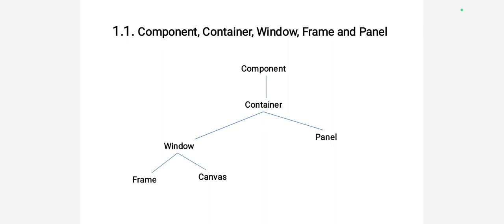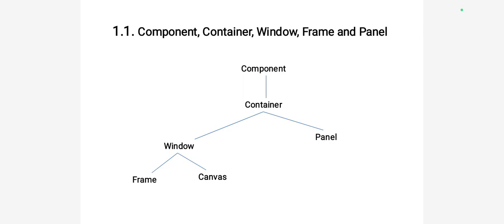The first point is component, container, window, frame and panel. Here also we can see the hierarchical structure of the component. In this structure, component is the parent class of the container and container is the descendant of the component class.